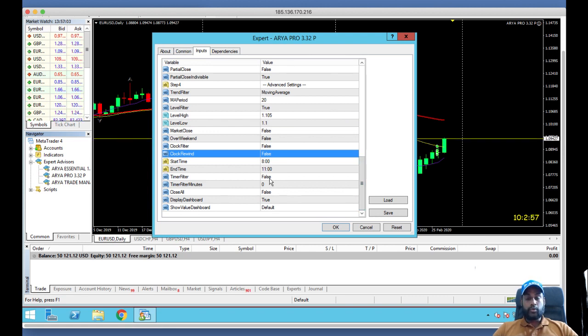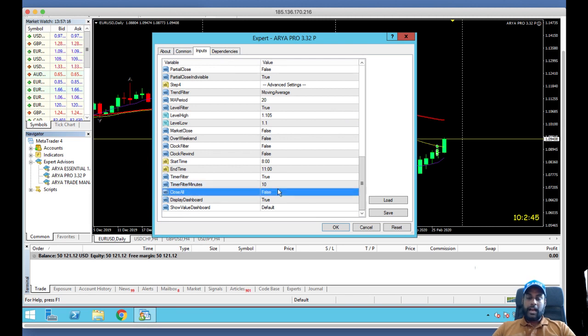Then you have also the time filter. So basically, it's just to say, okay, you can trade only 10 minutes per day. So if you put time filter on true and you put 10 here, Arya will only be allowed to trade 10 minutes between 8 and 11 in the morning. So basically, if you put true here, and true here, and you put 8 and for example 11, she will trade only 10 minutes.